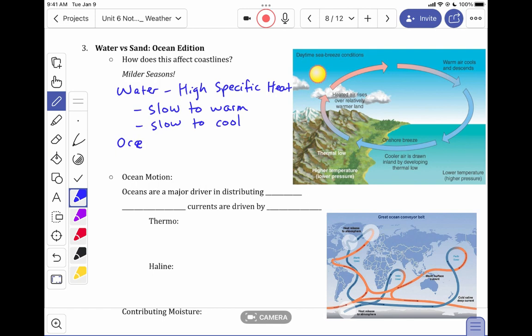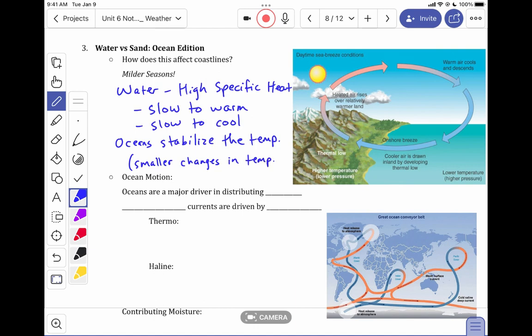Ooh, that's ugly. I'm just going to erase that and start over. So oceans stabilize the temperature. Abbreviate temperature just with temp. Or if you wanted to, you could say we have smaller changes in the temperature.